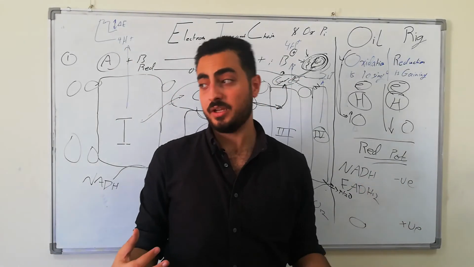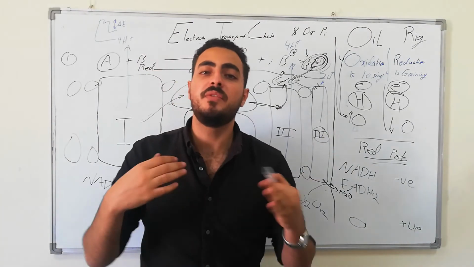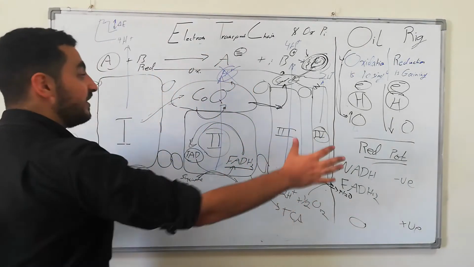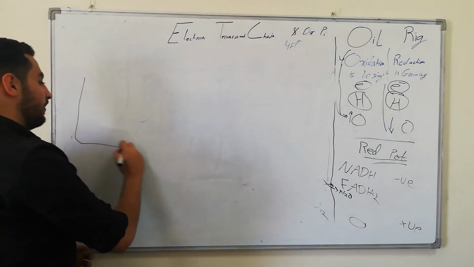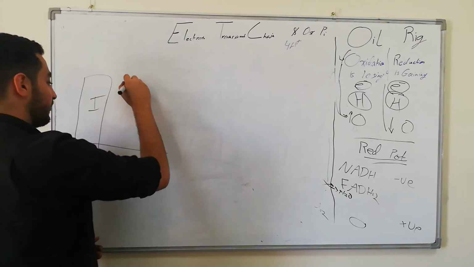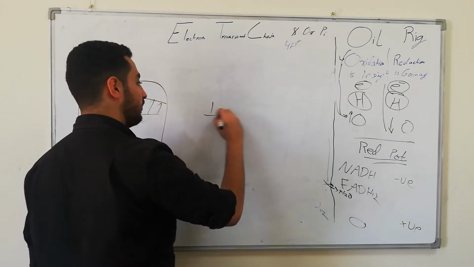So we've said in the beginning of the video that the ETC or the electron transport chain is one of the major contributors in glycolysis. However, we haven't touched on ATP anywhere on this board. Let's say we have the inner membrane of the mitochondria here, and we have our complexes, complex 2, complex 3, complex 4.